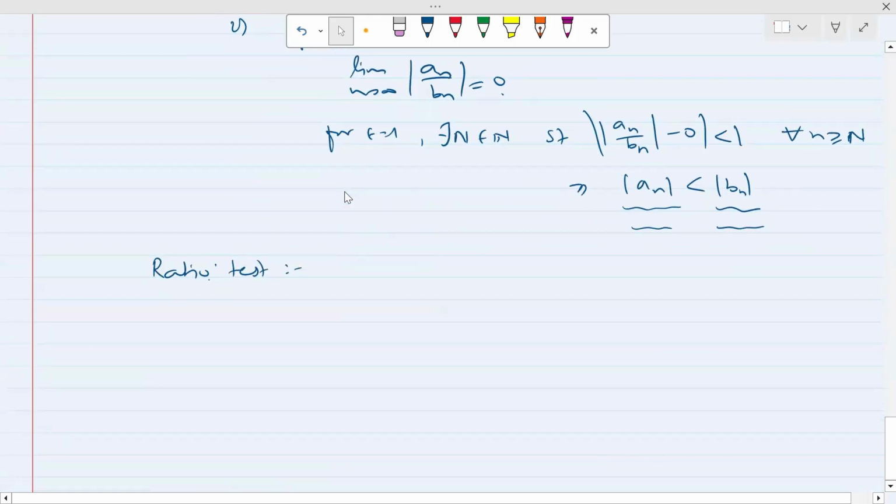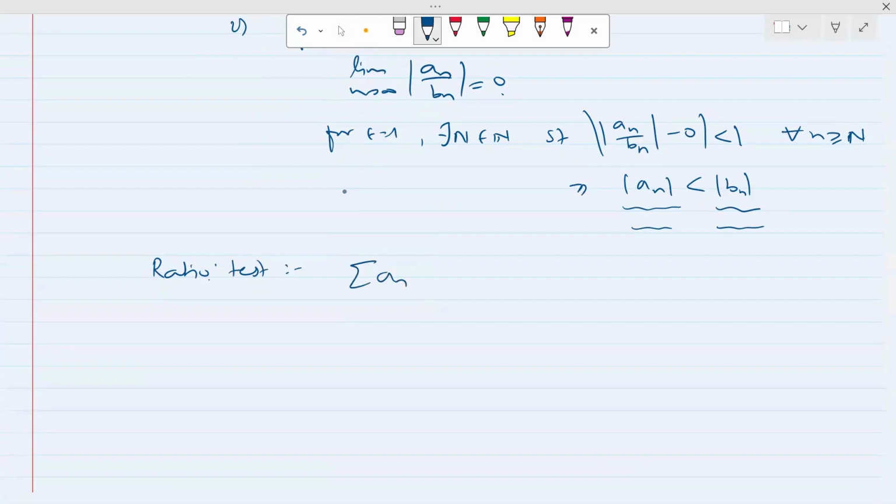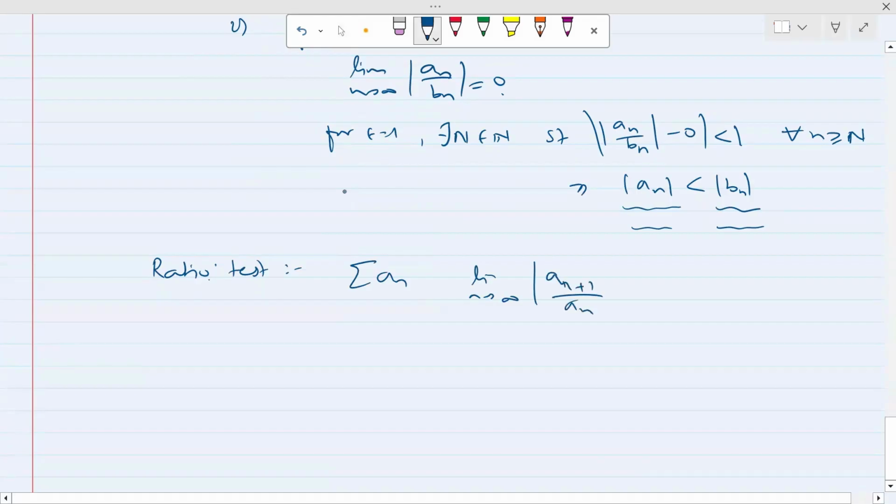And so what is the ratio test? L is the limit of mod of an plus 1 over an. There are three conditions.